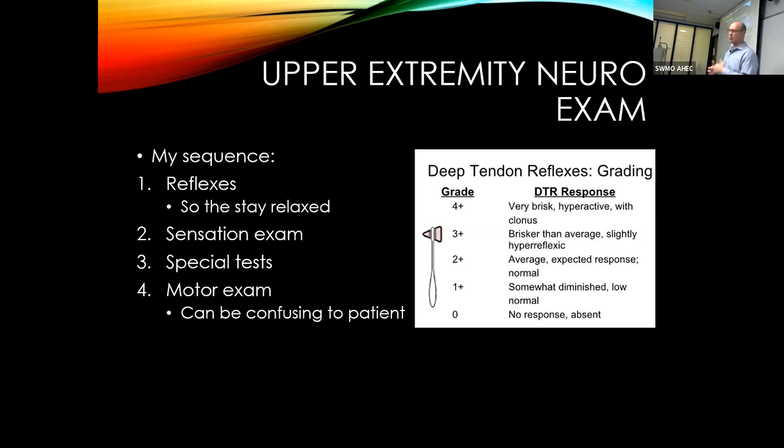So I always do the reflexes first, then I do my sensation exam, and you compare to the contralateral side. Is it numb over here compared to over here? Then you do special tests, and then the last thing I do is the motor exam, because then you're asking them to push and pull, and they can get confused if you do that first.